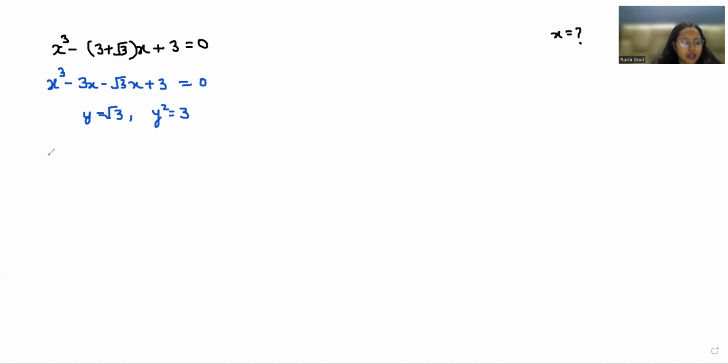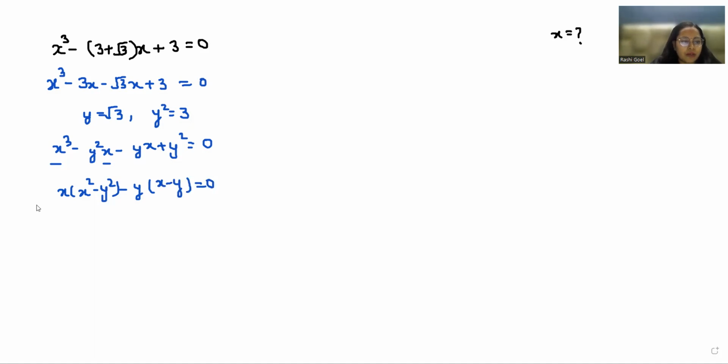So I can write this as x cube minus y square x minus yx plus y square is equal to 0. Now, if I take x as common from the first two terms, so x square minus y square, and if I take negative y as common, so x minus y is equal to 0.